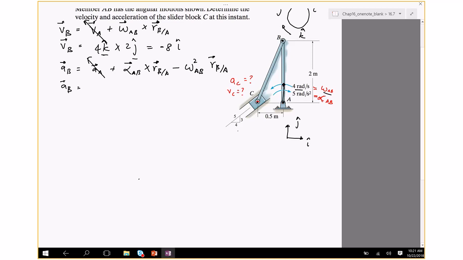Now if you look at the figure, alpha AB is clockwise, the 5 is clockwise, and clockwise is negative, so minus 5k crossed with the vector from A to B, the same vector we wrote down earlier, 2j, minus omega AB squared, so that's 4 squared, times the vector from A to B, so 2j. And if we simplify this, we get minus 10 k cross j, just like what we found earlier, is negative i. So this is positive 10i minus 32j.